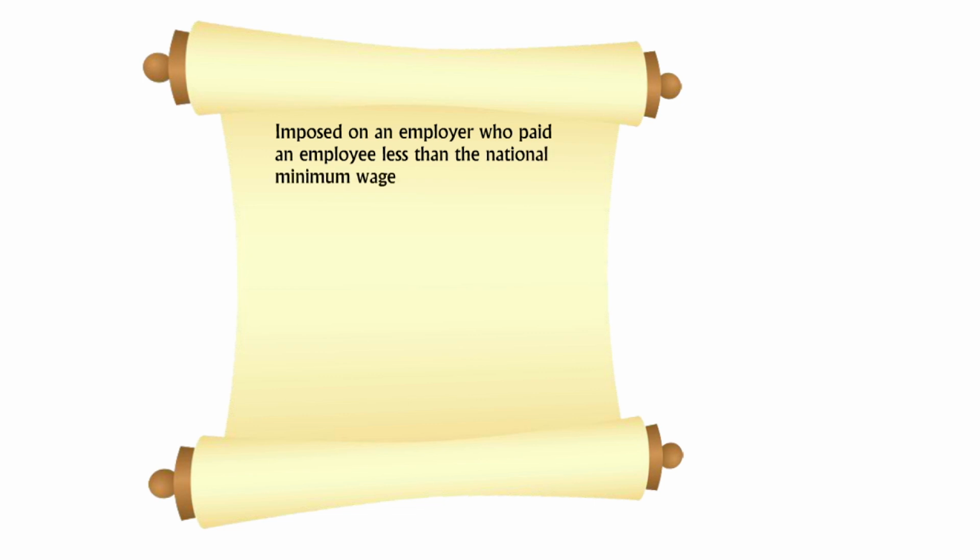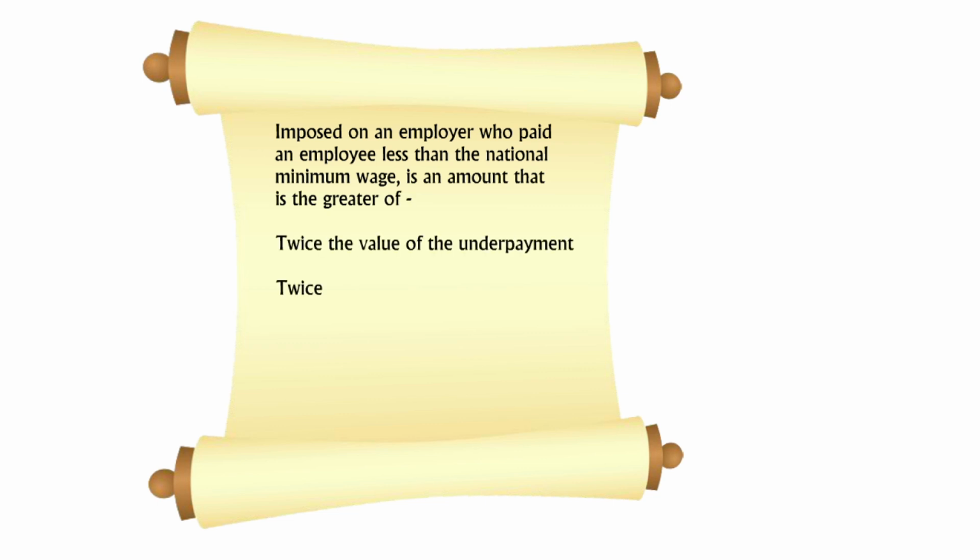Now I want to talk about the punitive measures that can come into effect for employers who do not comply with this act. This act may impose on an employer who pays the employee less than the national minimum wage an amount that is the greater of twice the value of the underpayment or twice the employee's monthly wages.